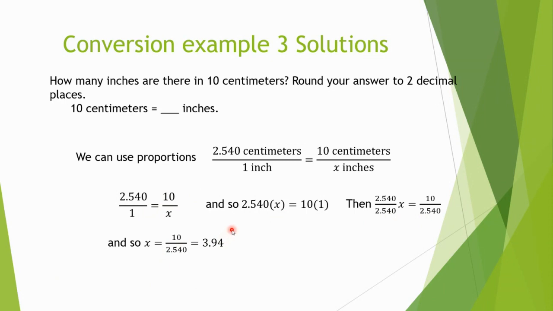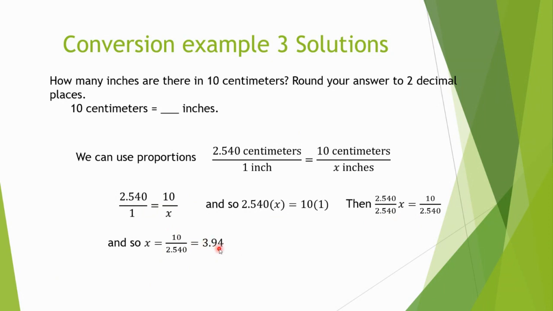This is what we get. Someone in my other class said they got 3.93. Remember, you want to round your answer to 2 decimal places. In the calculator, if you did this quotient, you would get 3.937 and a bunch of other stuff.